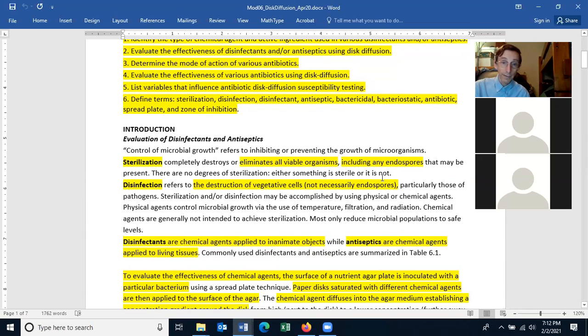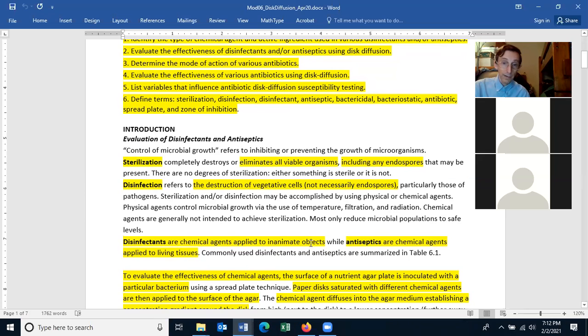Disinfection refers to the destruction of vegetative cells, not necessarily endospores, usually with a chemical or a physical agent. Like when you use bleach on your toilet, you are disinfecting the toilet with the bleach.